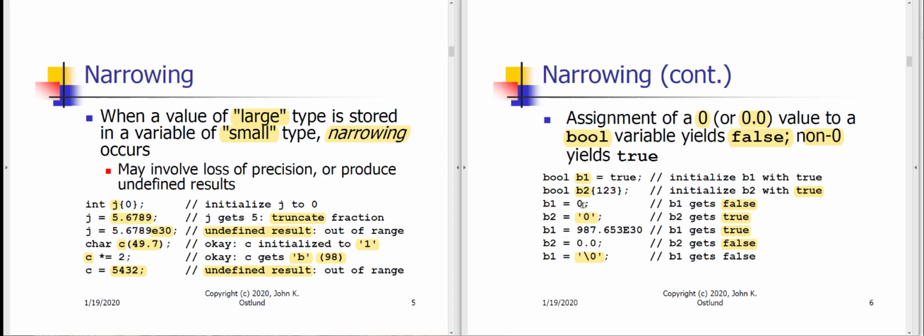Okay, so 0, 0.0, quote \0 quote, all have the value 0. In one case we have an int value 0. In another case we have a double value 0. And in the third case we have a char value 0. But regardless of what data type that 0 is, when we assign the 0 to a bool, that bool is going to contain the value false.